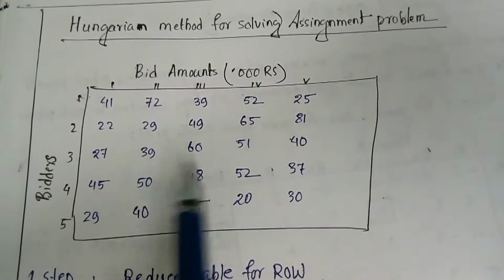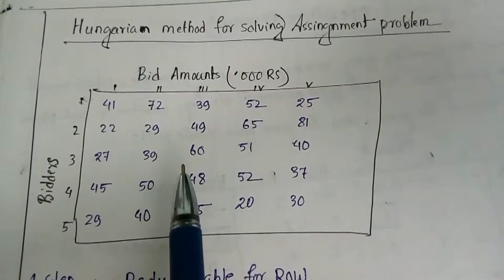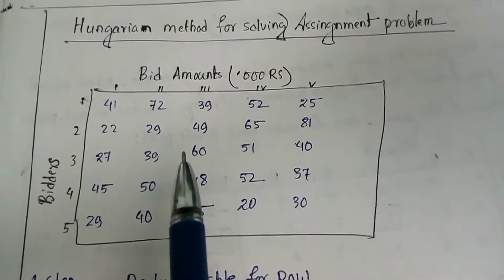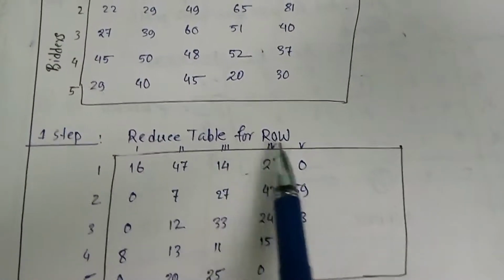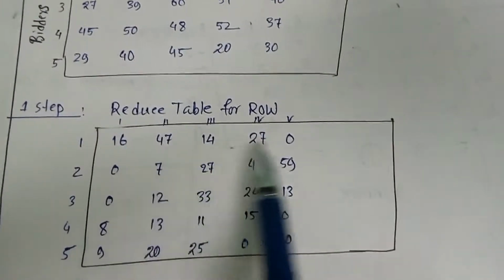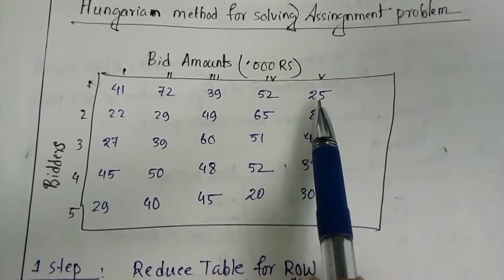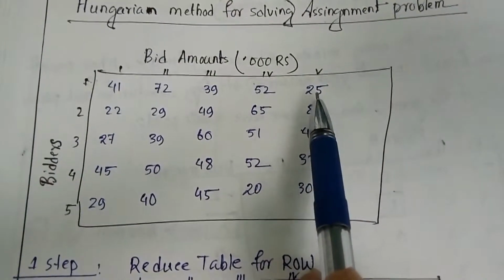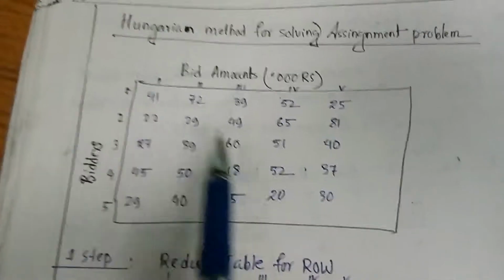This way we create a second table, which is known as the reduced table for rows, because we do the operation first for rows. In the very first row, 25 is the smallest element and it is subtracted from each element, and we get this row.